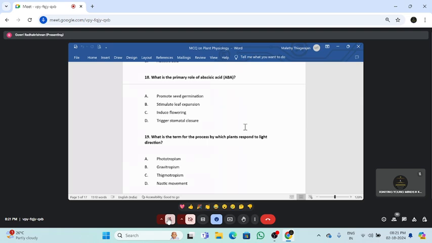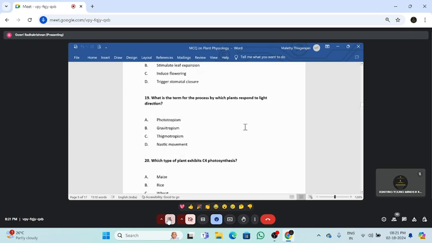Nineteenth. What is the term for the process by which plants respond to light direction? Phototropism.